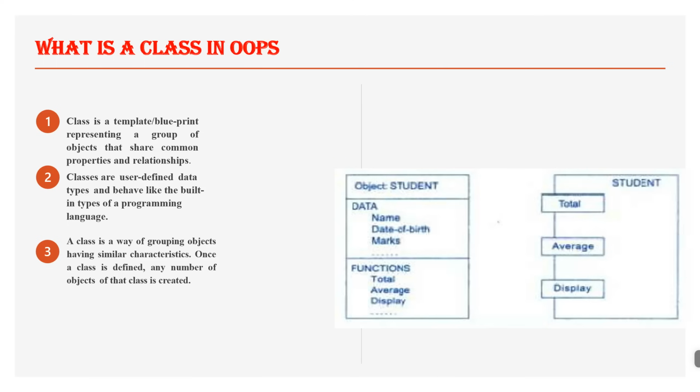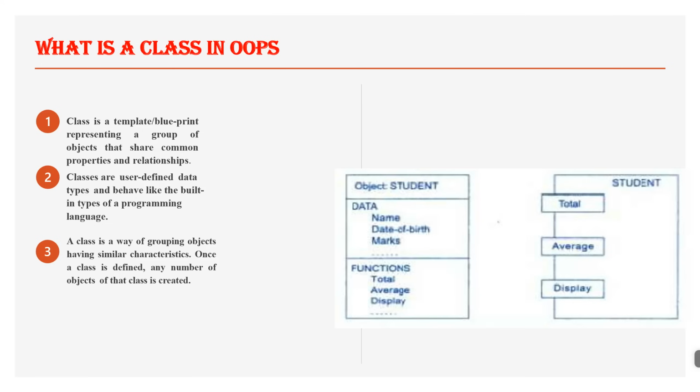Display, maybe one more function to display the results. So all those functions are member functions which are going to touch or modify the data. Very simple example is given here about an object, and we declare an object called student. This is a class where I have got two, one the member data and another one the functions.